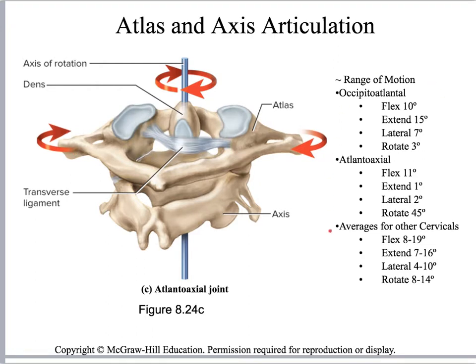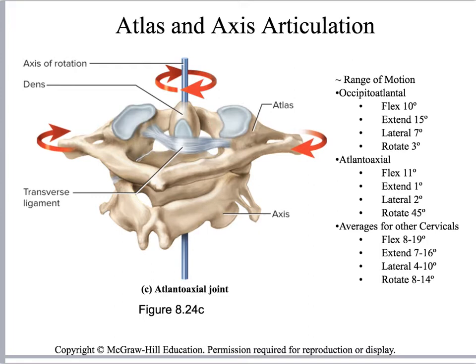And one of the things I did over here is I put down how much rotation you have between the different joints in terms of whether you can flex or extend, do lateral movement, so side to side, like ear to shoulder, and then rotation, okay? And you can see there's only about 3 degrees of rotation between your occipital atlantal joint, so that's between your occipital and your atlas, okay? But you've got quite a bit of rotation, 45 degrees, between this and this, okay?